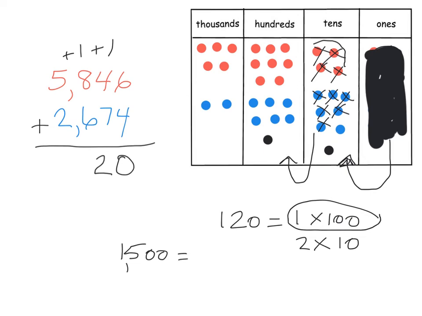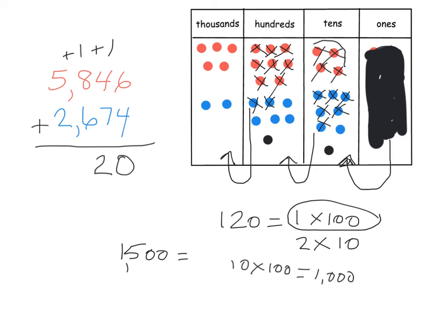And I know that one of my place value columns is the thousands, so I have 1,000. How many hundreds are in 1,000? Well, 10 groups of 100 equals 1,000. So just like I did earlier, I'm going to get 10 groups of 100, and I'm going to move that 10 groups of 100 into one group of 1,000.